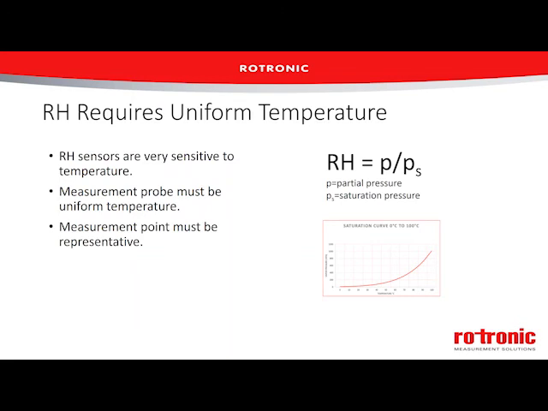As Bruce showed you before in the saturation vapor pressure curve, as we change the temperature, the saturation vapor pressure, or the total vapor pressure of the water that can be present, changes. And I like to point out in this graph, it's not linear. We don't have a straight line here describing a change in temperature to a change in saturation vapor pressure.